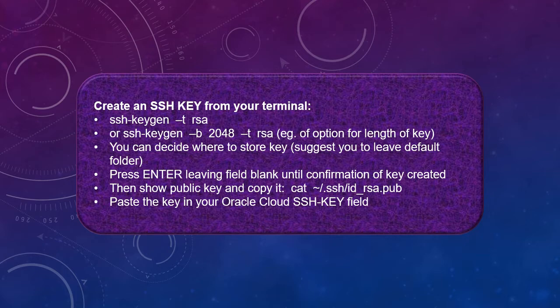This will show in your terminal what is inside this file, and you're going to copy it, because we will need to put it into the Oracle console. So you enter this command and you go back.